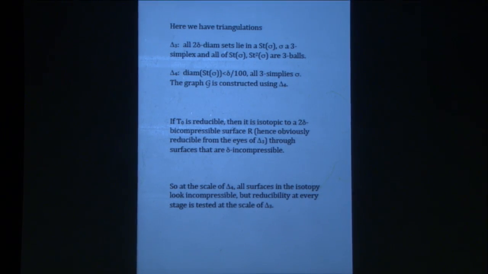So right, this understanding of the reducibility question is denoting that at the scale of delta 4, all surfaces in this isotopy from T0 to J looked incompressible, but you can test reducibility using the scale of delta 3.